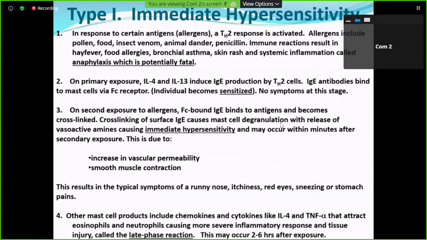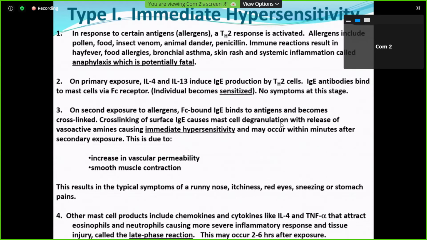So basically, when a person who is susceptible to developing allergy, who is atopic, gets exposed to the antigen, such as pollen, for the first time, they will not experience any symptoms. They only start to experience the classical allergic reactions of runny noses, sneezing, and so on, after second or multiple exposures after that.